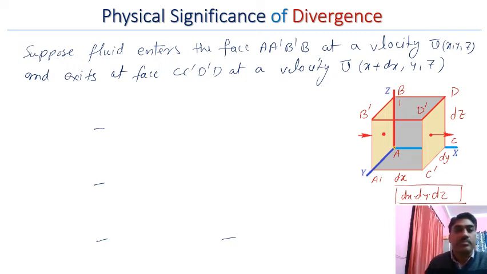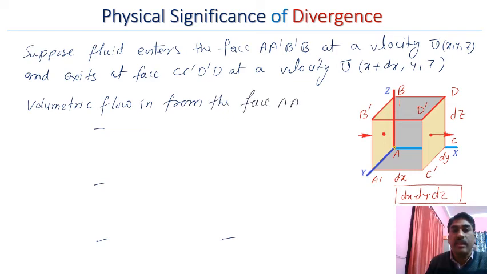So now volumetric flow in from the face A dash. Again I am repeating that volumetric flow in means volume entering from this face per unit time. This is equal to v of x, y, z into dy dz.